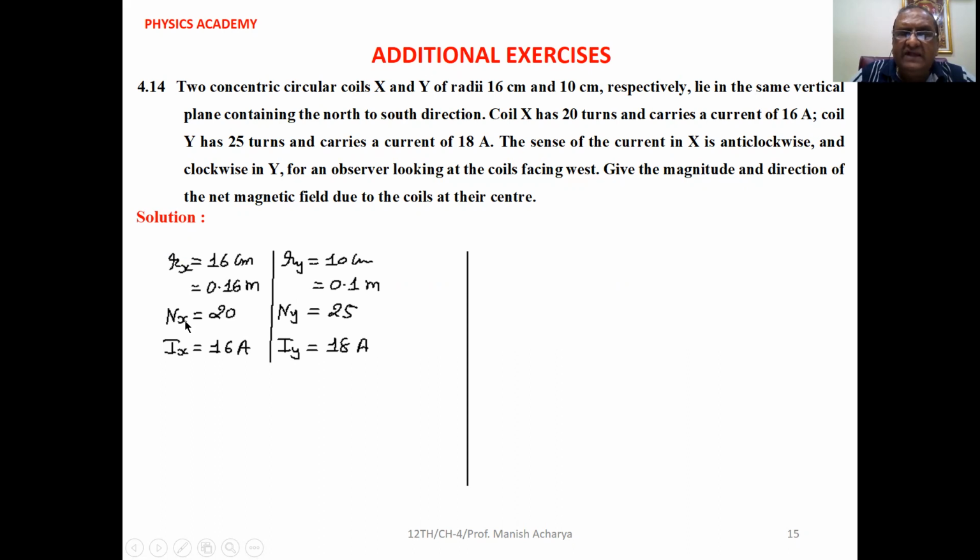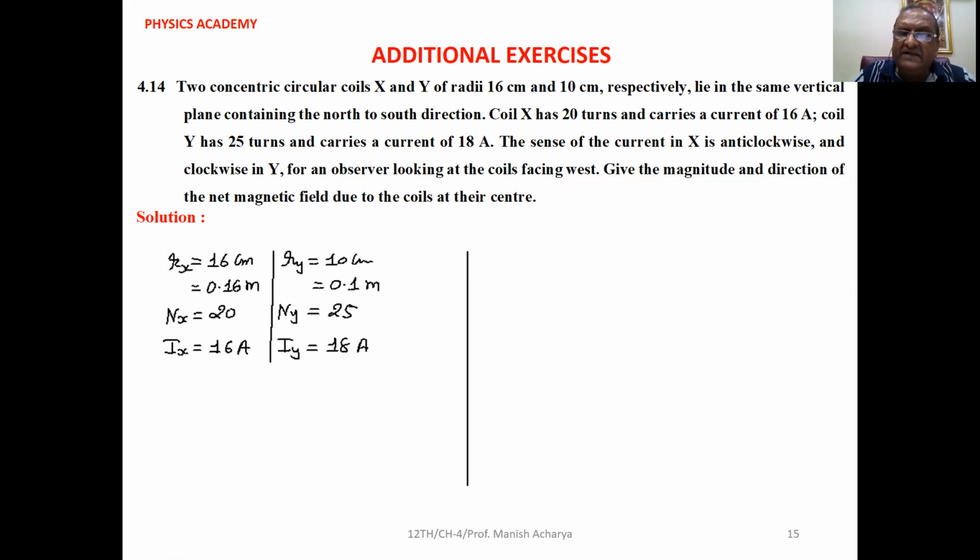Number of turns in X, Nx equal to 20. Number of turns in Y, Ny equal to 25. Current in X coil, Ix equal to 16 ampere. Current in Y coil, Iy equal to 18 ampere. This data is given to you.